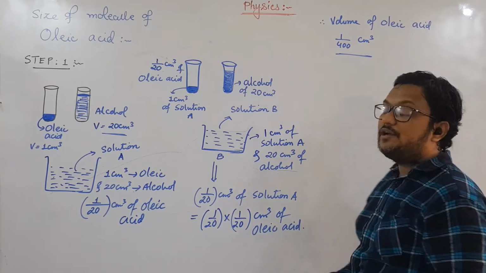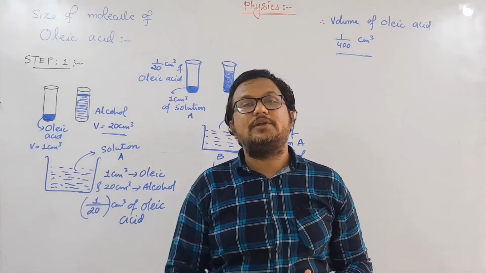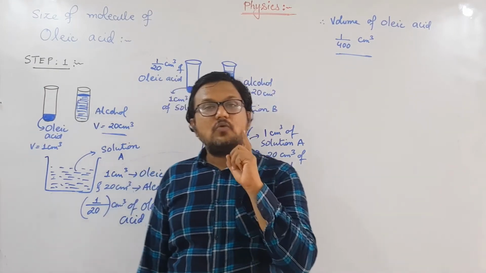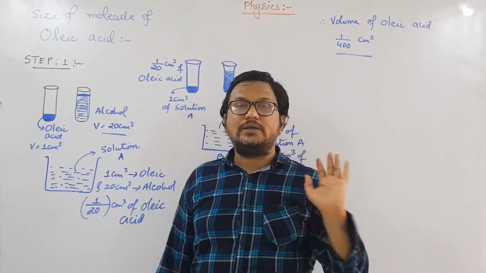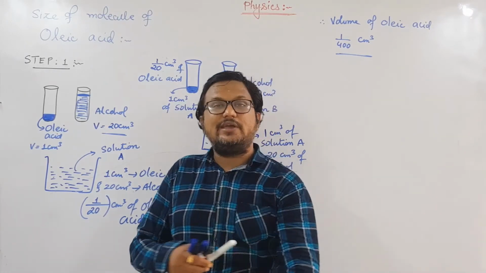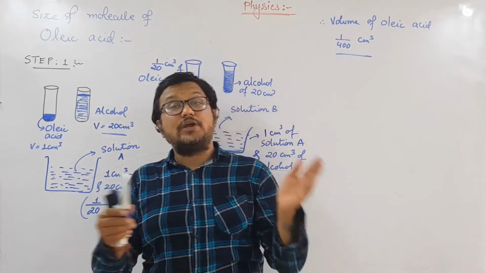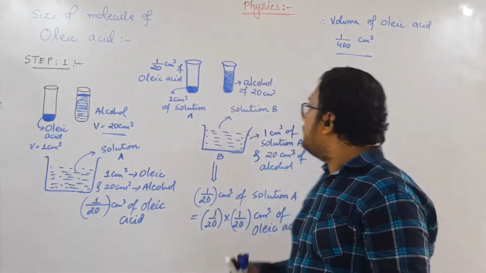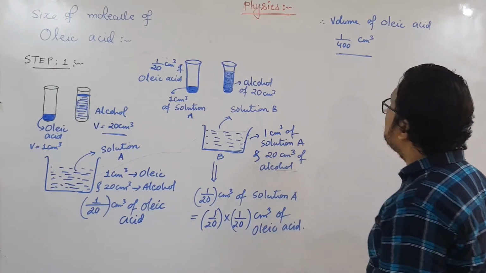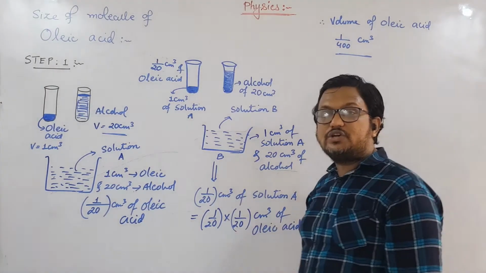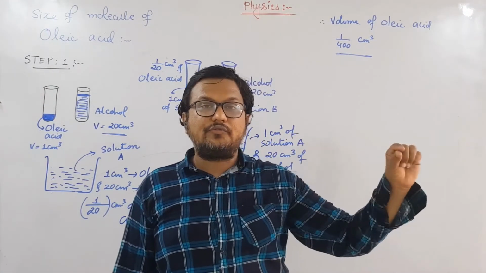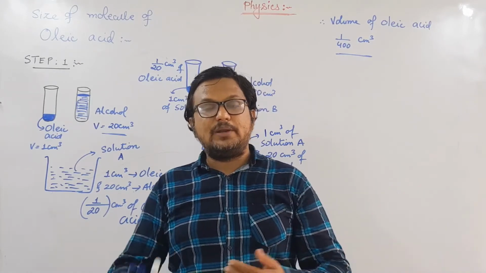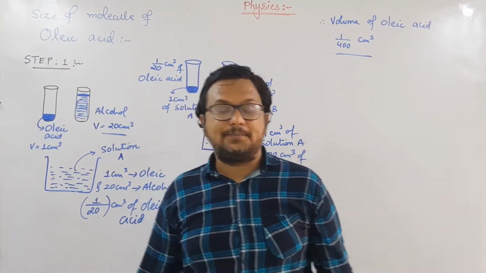So you can say that in 400 centimeter cube of alcohol we have only 1 centimeter cube of oleic acid. That much dilute we have made. So oleic acid is diluted up to 1/400 centimeter cube. This is the concentration of oleic acid. Remember, at this concentration we will have only one layer of oleic acid if we prepare a layer of oleic acid.